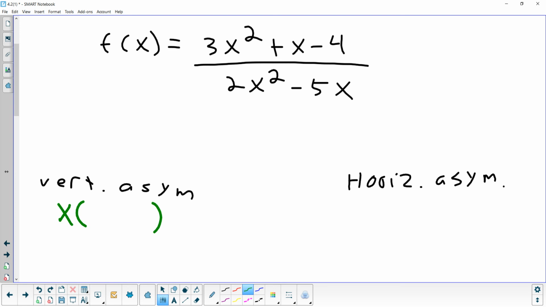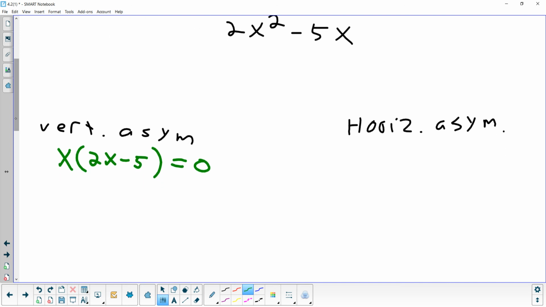And what would you be left with if you factor out an X? 2x minus 5. Now set that equal to 0 and solve it. Casey, what would you plug in for X to make the first factor 0? Zero, yes.